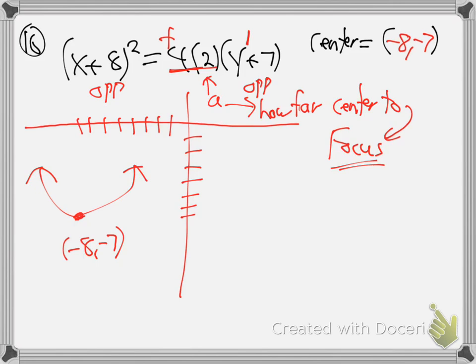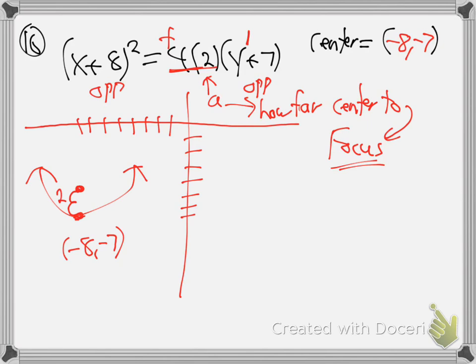That's what that A represents. That's why we force a 4 when we do the parabola equation, because then the number next to it tells us how far from the center to the focus. And the focus is always inside the satellite dish, right? Like the receiver on a satellite dish. So that means it's 2 units, boom, right there. 2 units up, since it's inside and it's 2, right? That's 2 units up. Good?